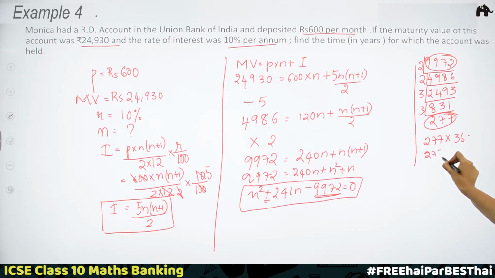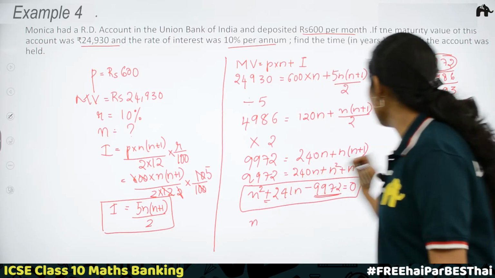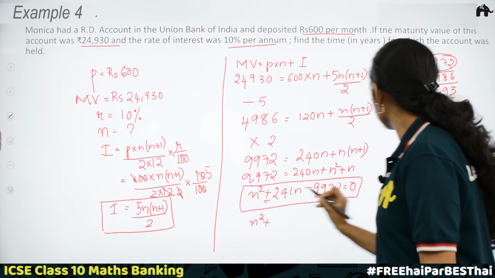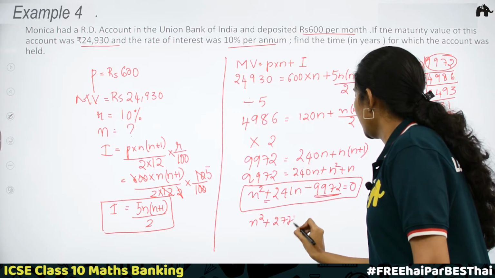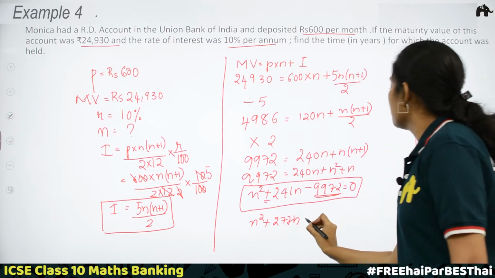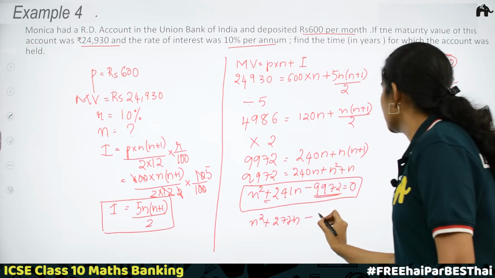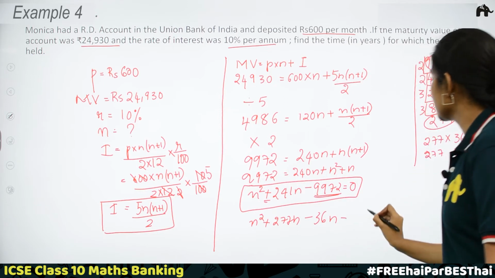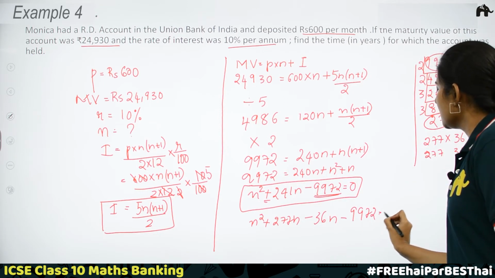Of this 277 and 36, which is the greatest number? 277 is the greatest number, which means 277 should be positive. That is n square plus 277n minus 36 should be negative. 36n minus 9972 is equal to 0.